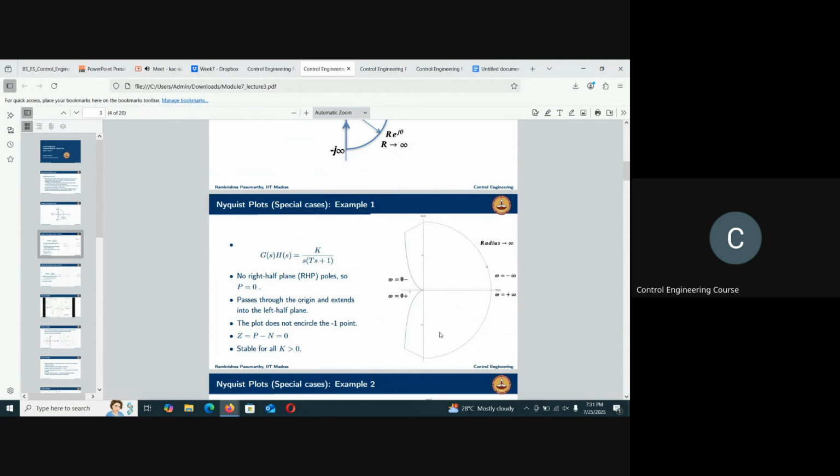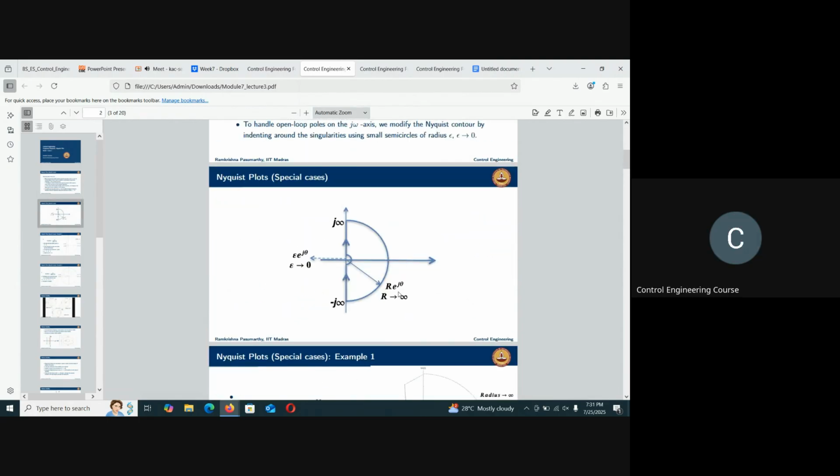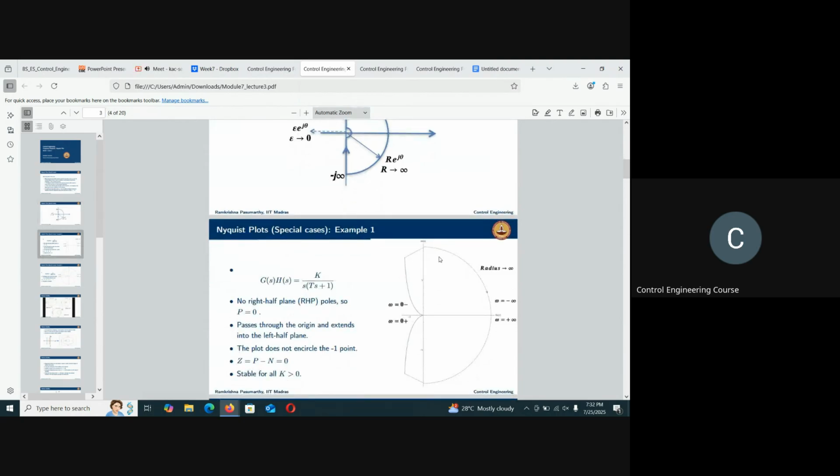So here again the number of counterclockwise encirclements about minus one is zero, because minus one will be somewhere over here. The only point here is that when there are poles exactly on the imaginary axis, you have to slightly bypass them, because the value becomes infinite at the pole. In the process of bypassing them, you are doing this part. This part, the dotted line at infinity, is a part of bypassing them.